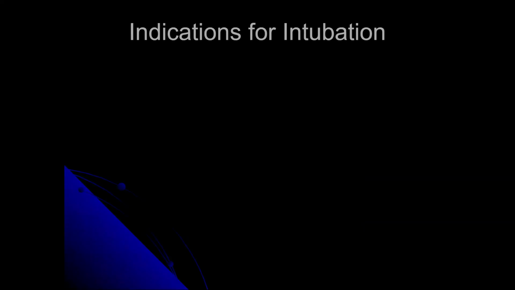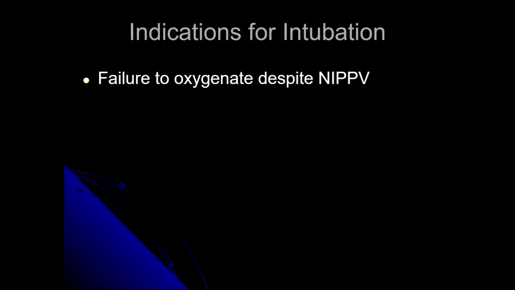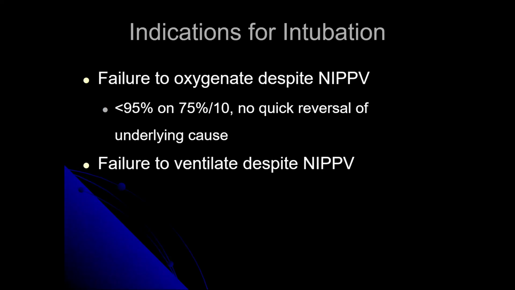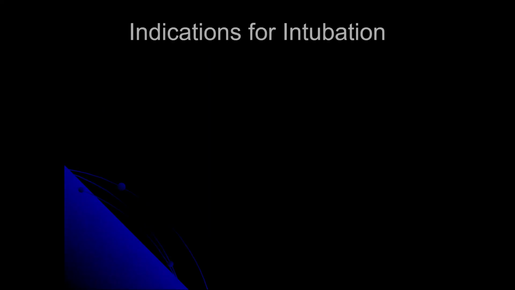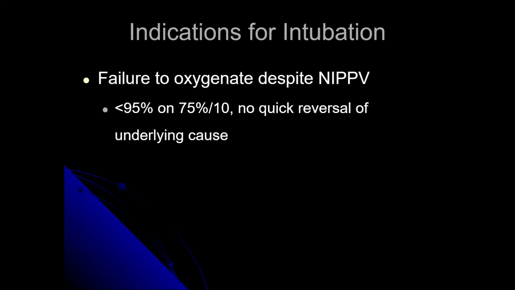All right, so this is your favorite reason. Sorry, hold on. So again, failure to oxygenate. When do I actually intubate the patient? Failure to oxygenate despite non-invasive positive pressure ventilation. For me, a lot of times it really depends.